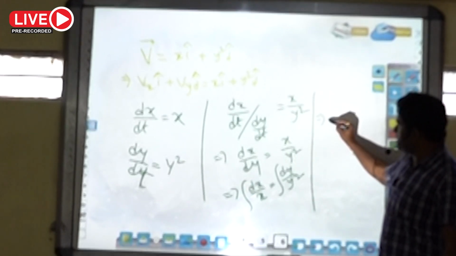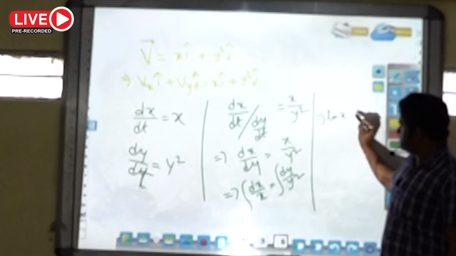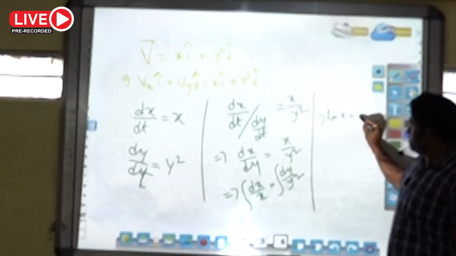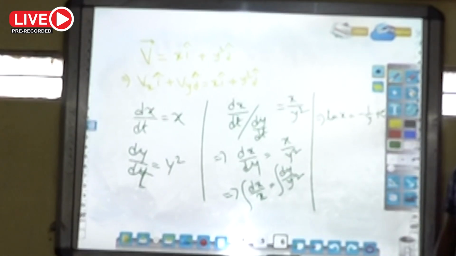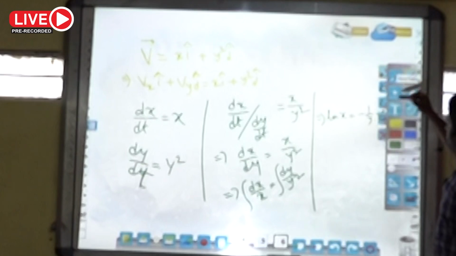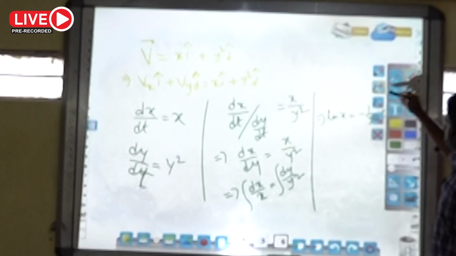So it will be log x equal to minus 1 by y plus some constant c. So better to write this constant in this format, log c, because I can write the constant in any form.